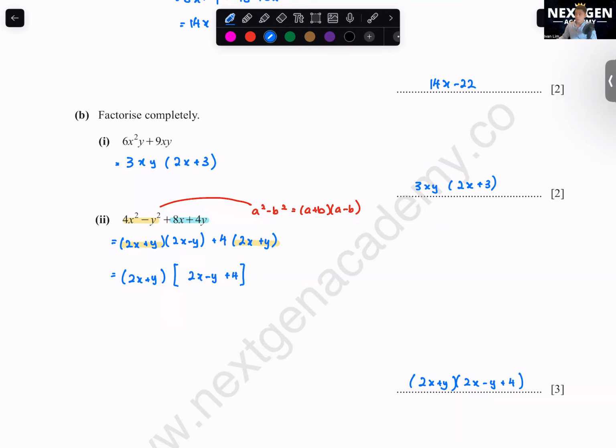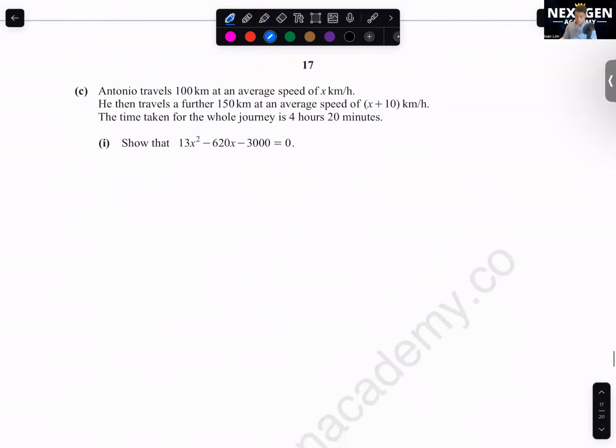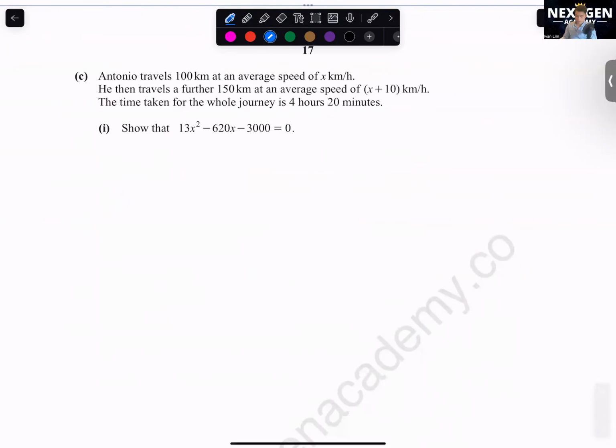All right? Can do this one? Next one. Question C. Antonio travels 100 km at an average speed of x kilometers per hour. He then travels a further 150 km at an average speed of x plus 10 km per hour. The time taken for the whole journey is 4 hours 20 minutes. Show that this equation.